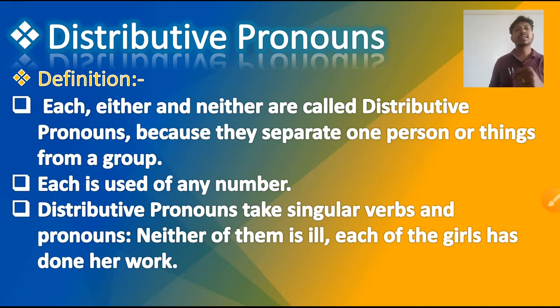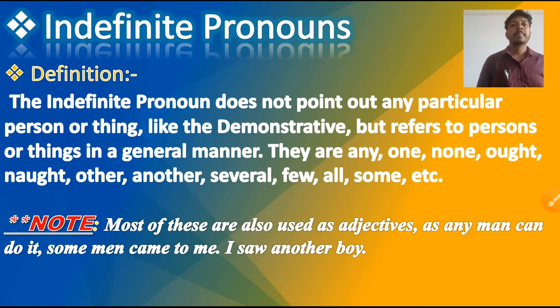Okay, now next. Now it is indefinite pronouns, the last pronouns. Here is the definition. The indefinite pronoun does not point out any particular person or thing. So definite means particular, indefinite means no particularization.